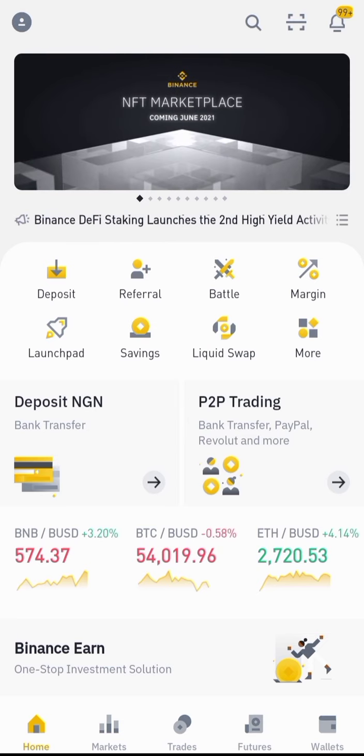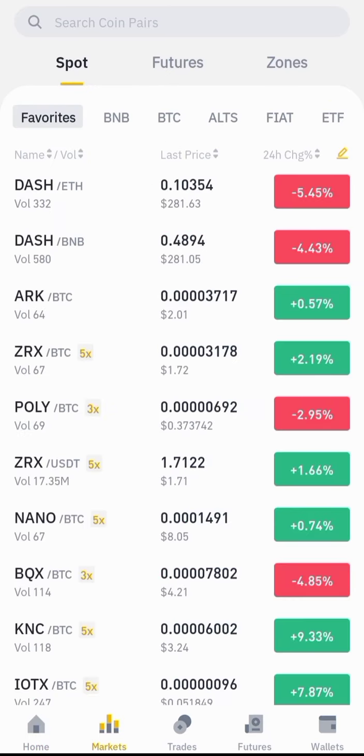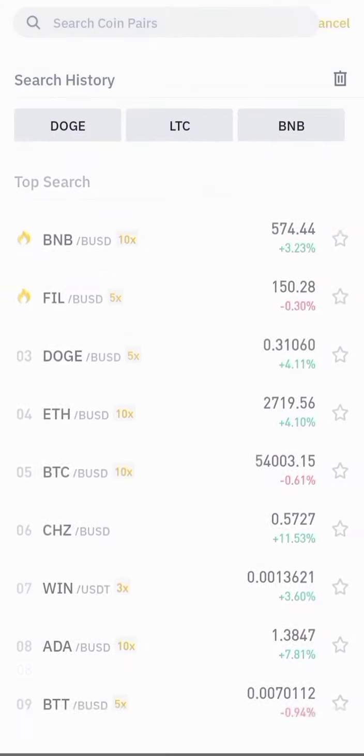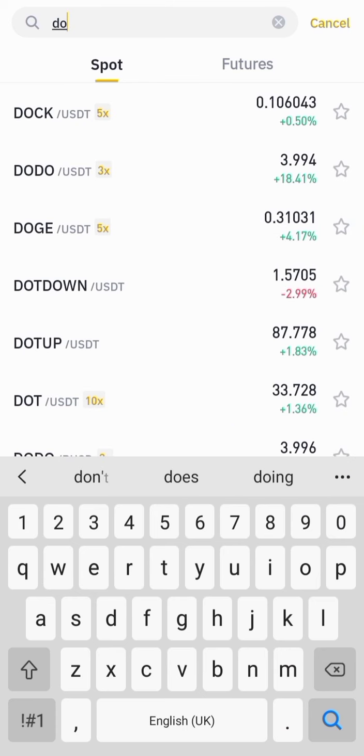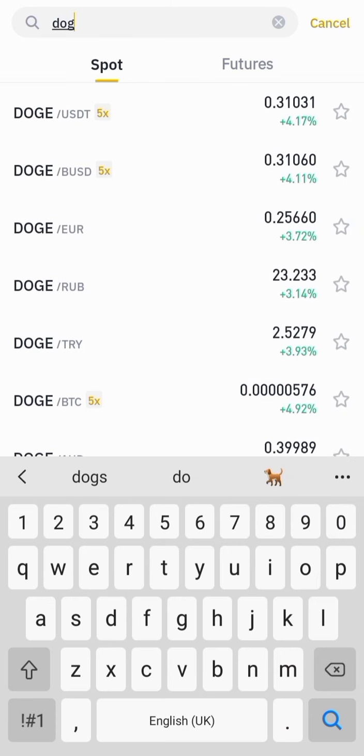So you come to the market, the spot market. Under the spot market, you search for Dogecoin. All right, so you can see all the different pairs Dogecoin is trading with, but we are interested in the USDT pair because you already funded your wallet with USDT.